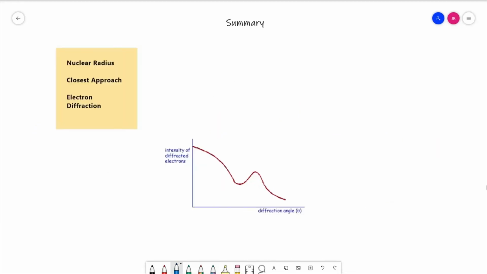So to summarise then, today we've looked at how to determine, using a couple of different experiments, the radius of a nucleus. The first experiment we looked at was Rutherford's experiment, just a different approach to it, and we said that the kinetic energy of the alpha particle at closest approach will equal the potential energy, assuming that the alpha particle comes to rest.